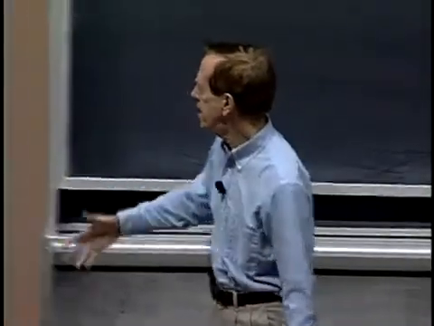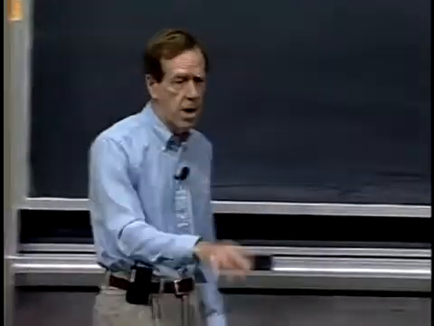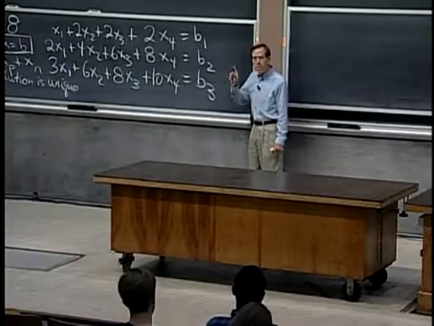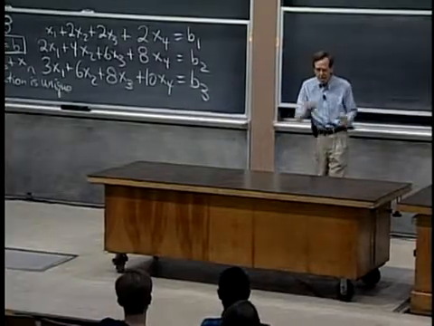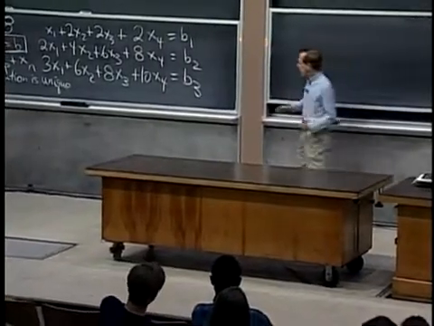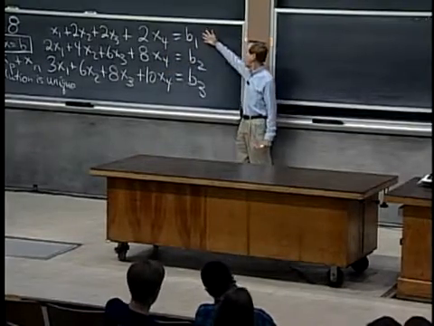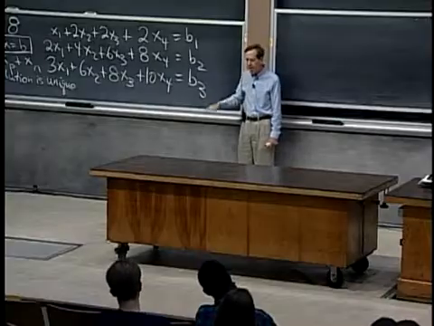Most cases, if I took these numbers to be 1, 5, and 17, there would not be a solution. In fact, if I took those first numbers to be 1 and 5, what is the only b3 that would be okay? 6. If these left-hand sides add up to that, then I need b1 plus b2 to equal b3.